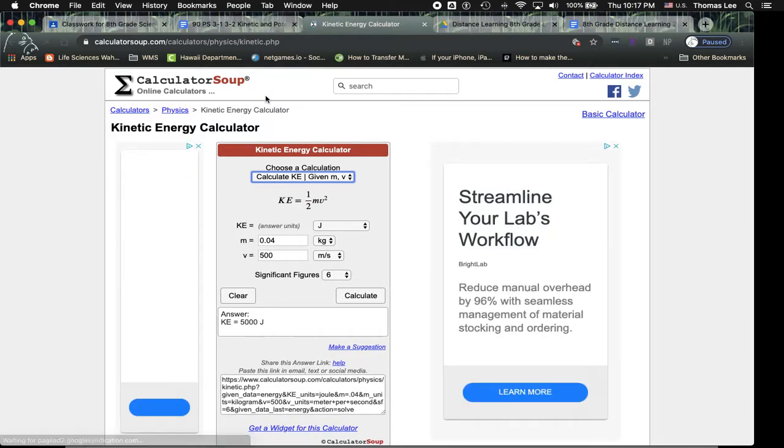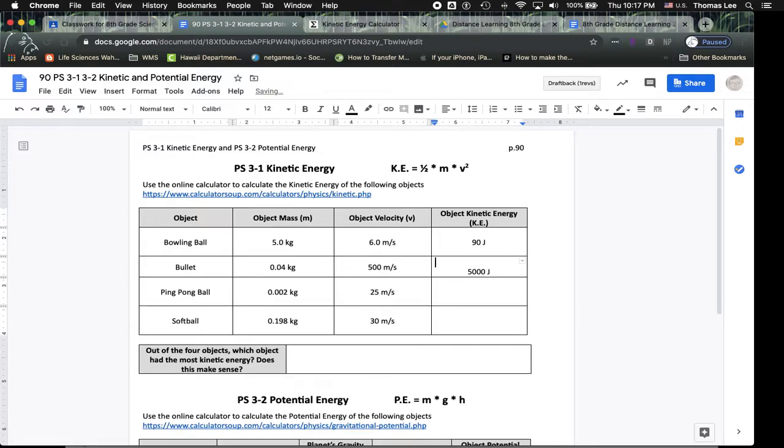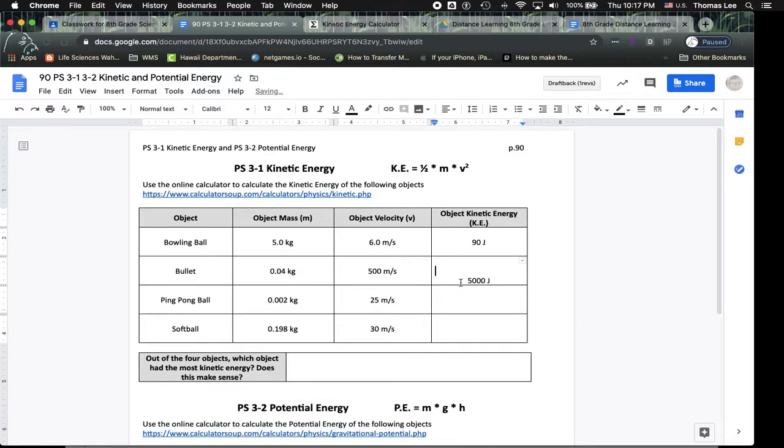It has 5,000 joules. So even though the mass is so low, because the velocity is so high, it has a lot more energy, which is why a bullet is much more lethal than a bowling ball.